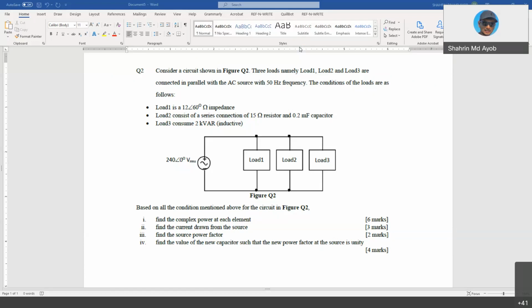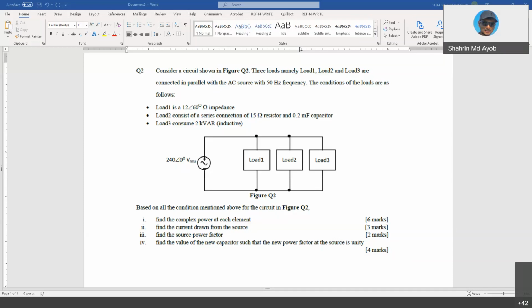Just for your information also, for the magnetic circuits, there are also magnetic circuits that are connected in series parallel. So actually that one has been discussed, I think, in the video. Since it is not tested in the test, I think it is enough to just watch the videos.